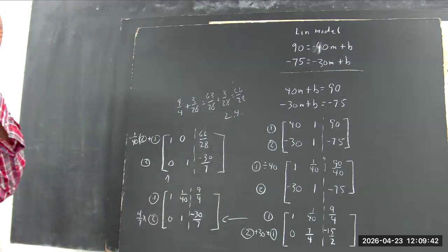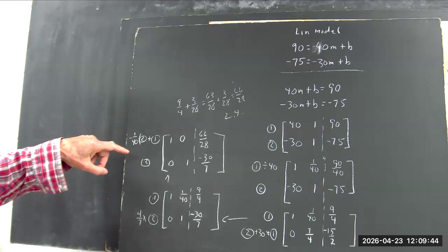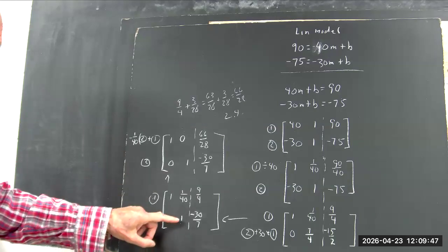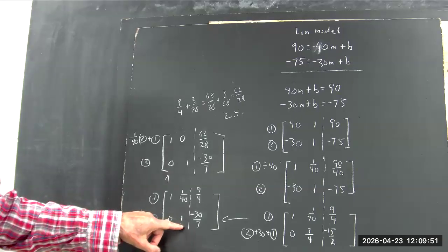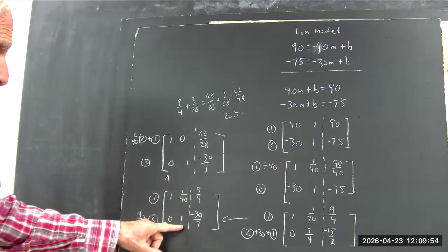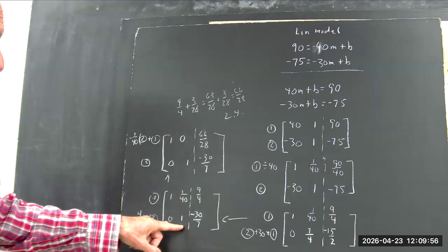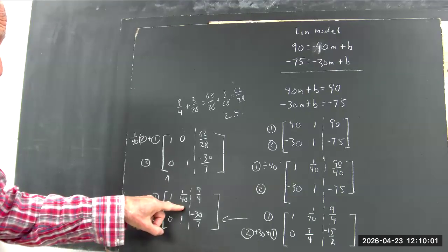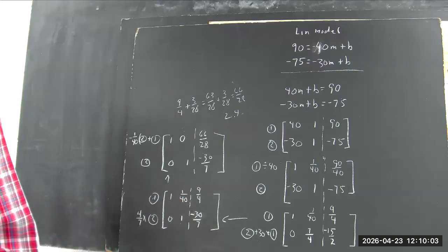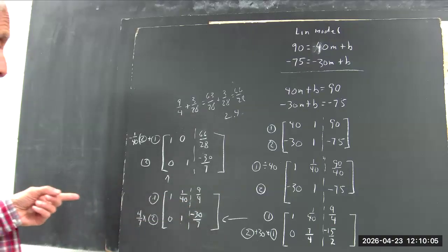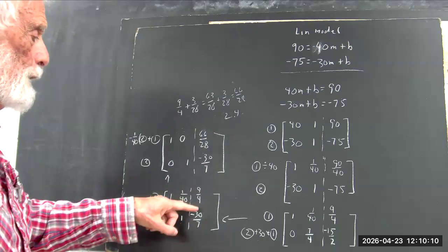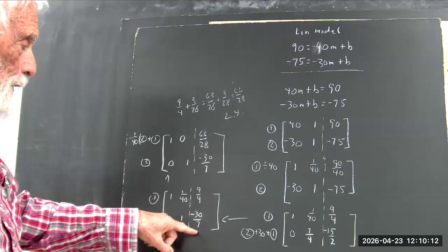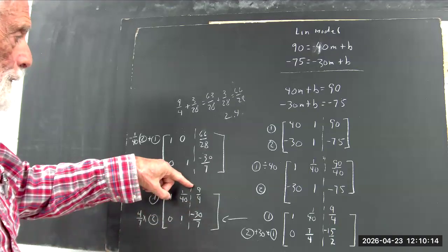If I multiply the 1 in the second column of the second row by -1/40th, I get -1/40th, which I can add to this 1/40th to give me 0. Okay. If I do that, I've also got to multiply the -37 by 1/40th and add it to the 9/4.